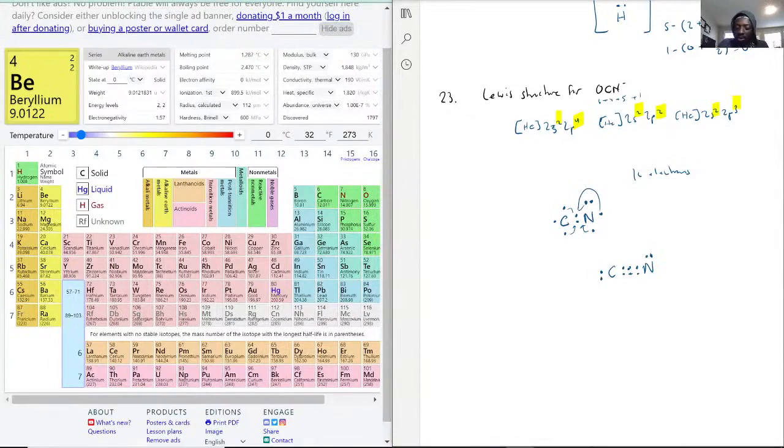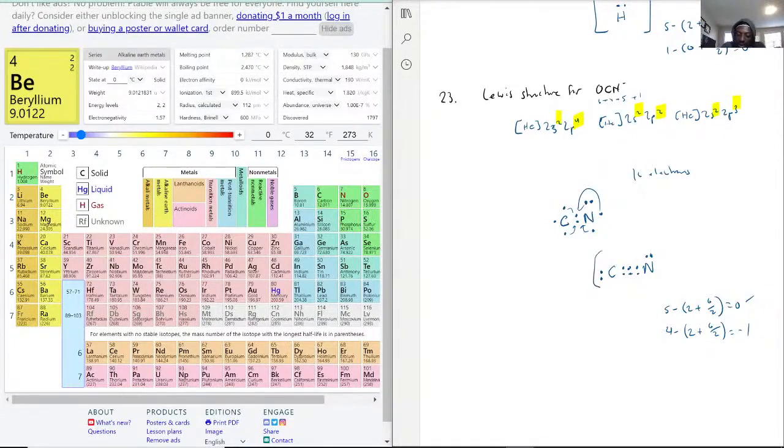So let's see first if we have this correct. We have nitrogen, which is going to be 5 minus 2 plus 6 over 2, 0 indeed. And carbon is 4 minus 2 plus 6 over 2. So it's going to be minus 1, which makes sense because there's an extra negative, as in there's an extra electron. So that is what cyanide looks like.